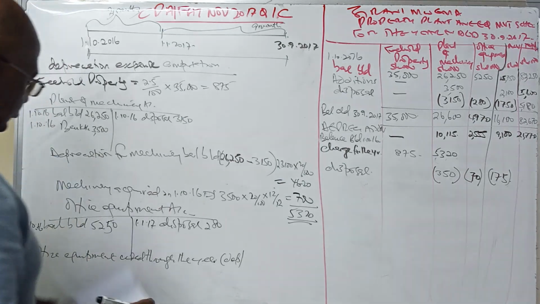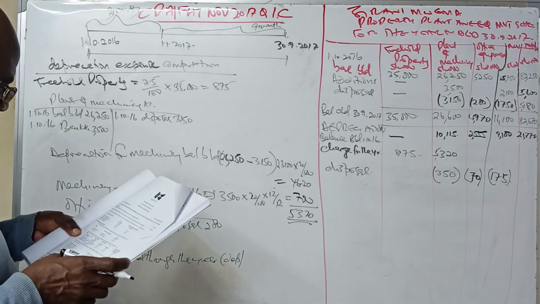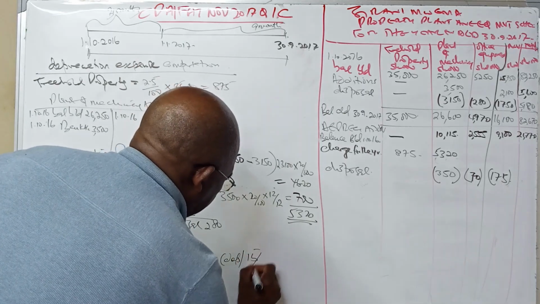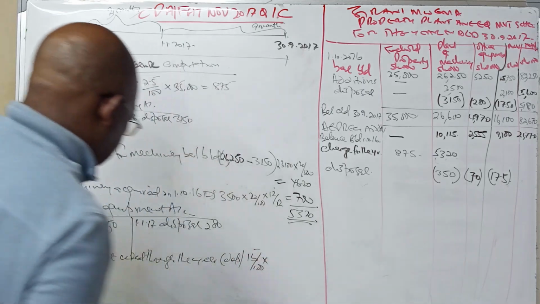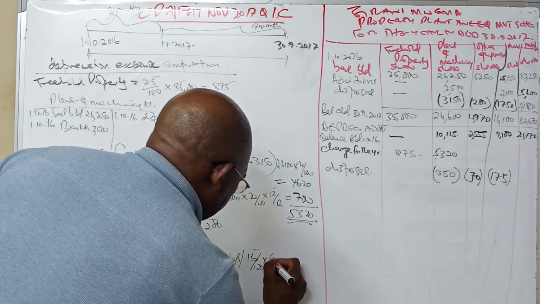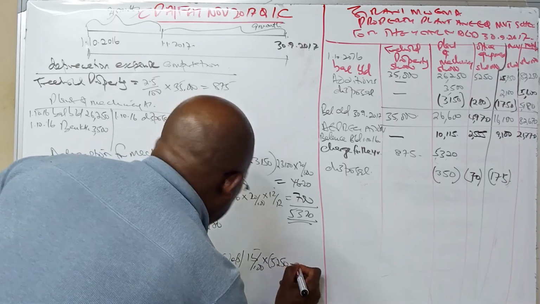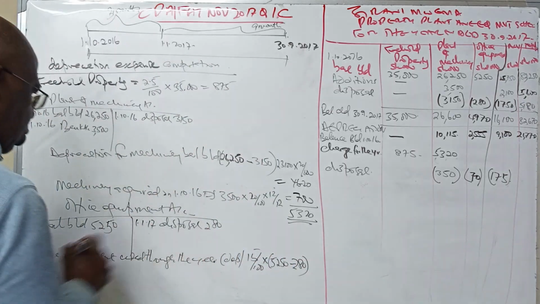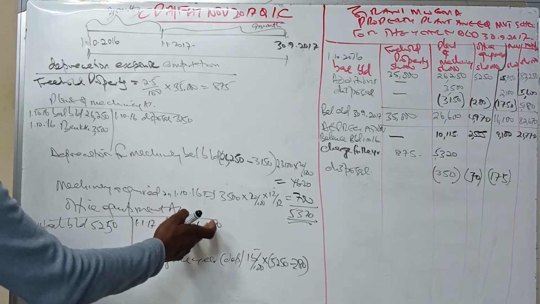The rate for office equipment is 15%. So 15% of 5250 minus 280. We never use the 280 through the year.